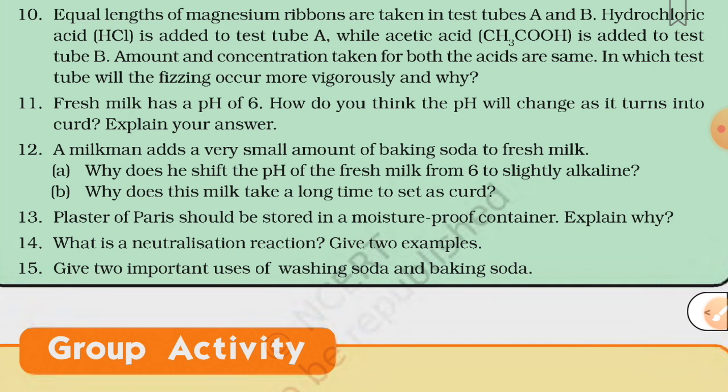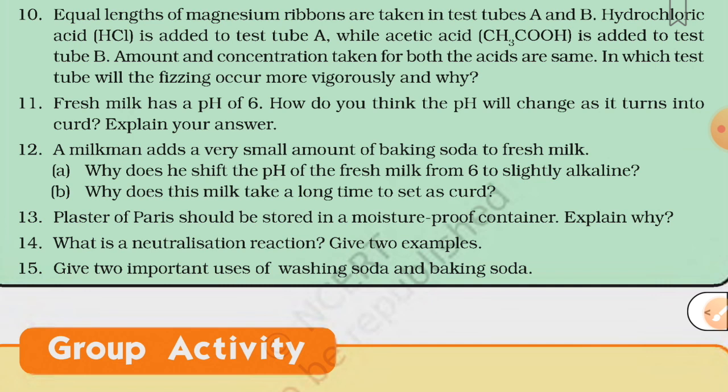When milk is about to boil, there must be more effervescence due to the presence of baking soda. This will be our observation. When milk is set to curd in the presence of alkali, it will not allow the milk to become acidic easily. Hence, this milk will take longer to set as curd.